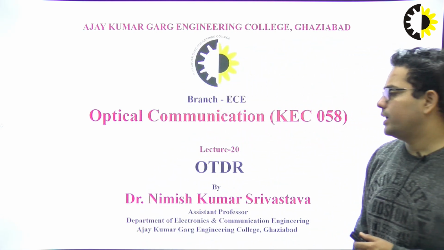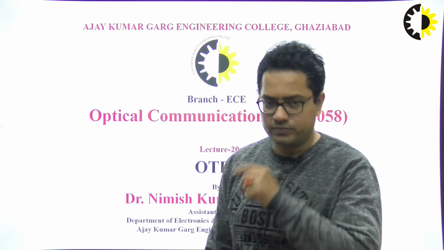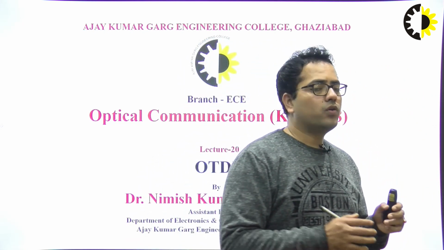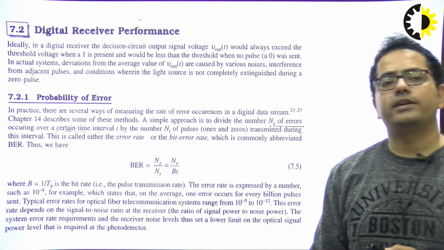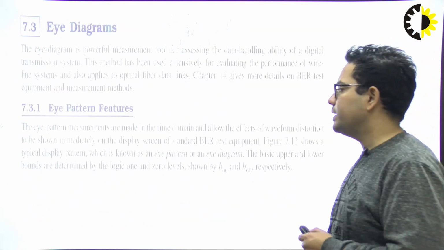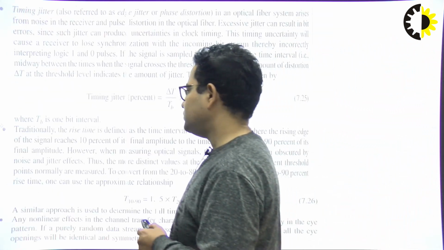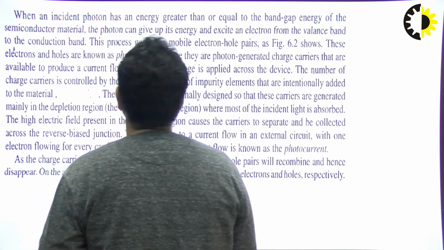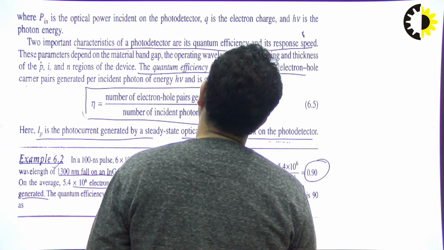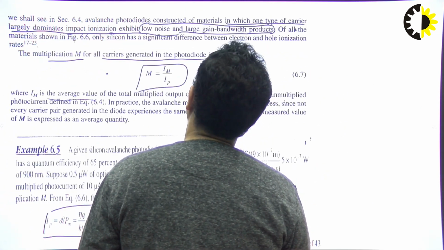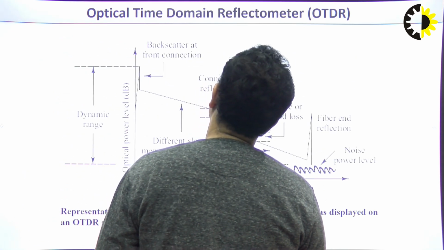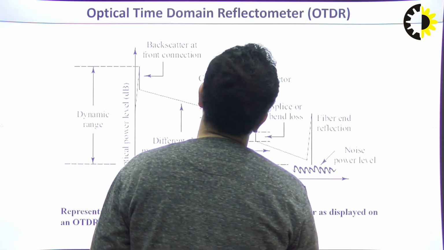Similarly, we have the OTDR, the optical time domain reflectometer. It is called an optical radar because we want to do some performance analysis.